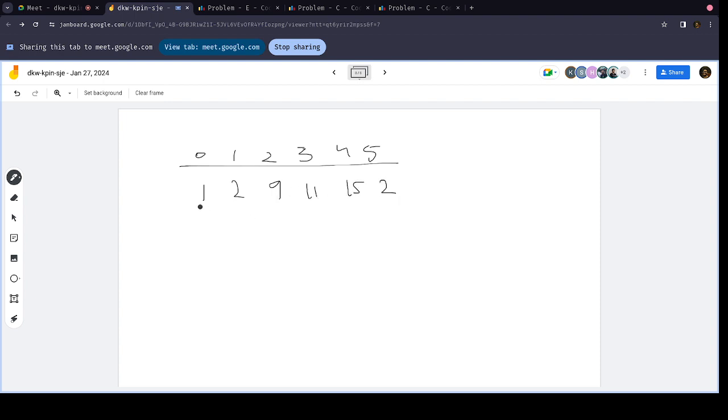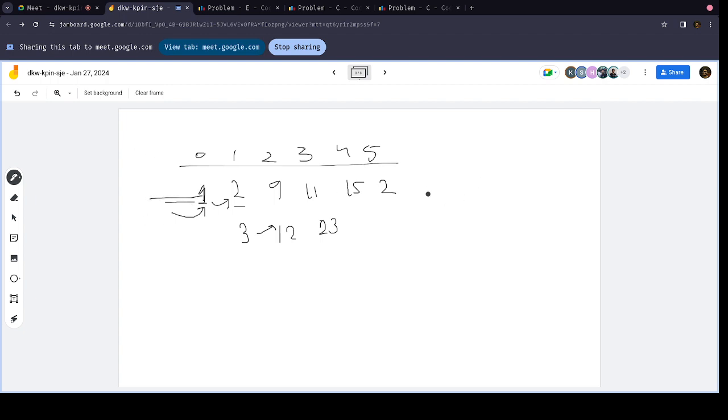For this, you add this to this, so it becomes 3. You add this to this, it becomes 12, and so on. Right. So what do you do for index 0? For index 0, you cannot add anything, right? So you put a check that if i is 0, you do not add it, else you add it.